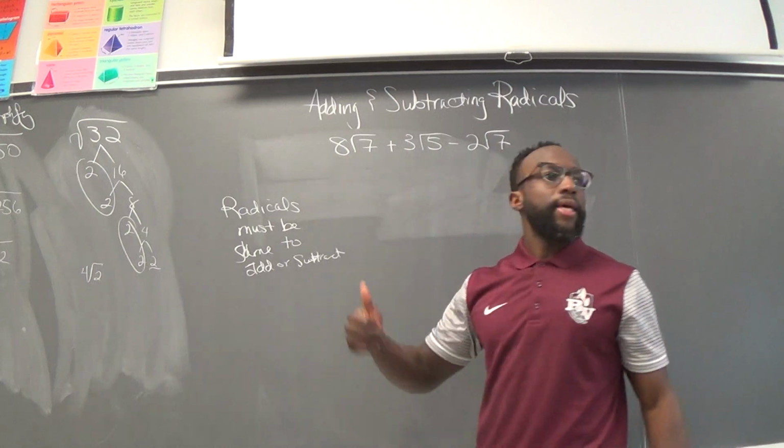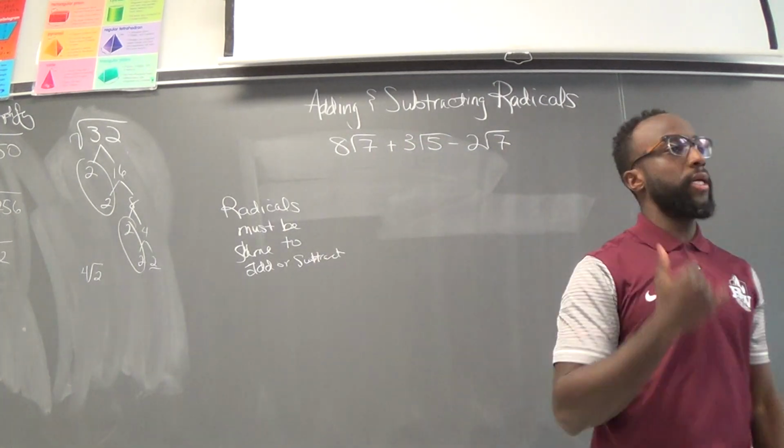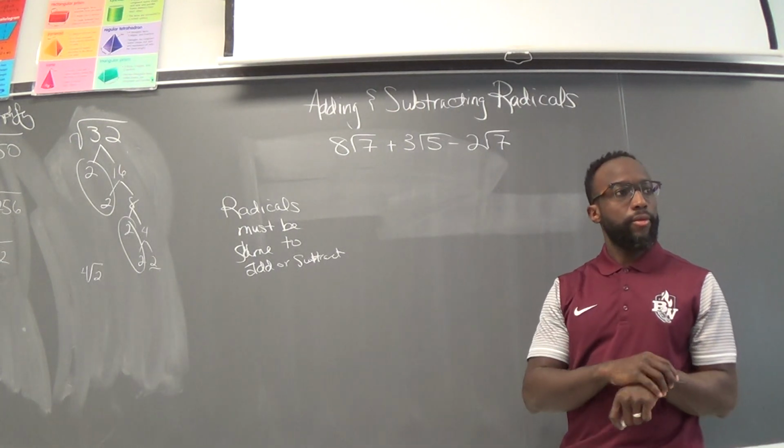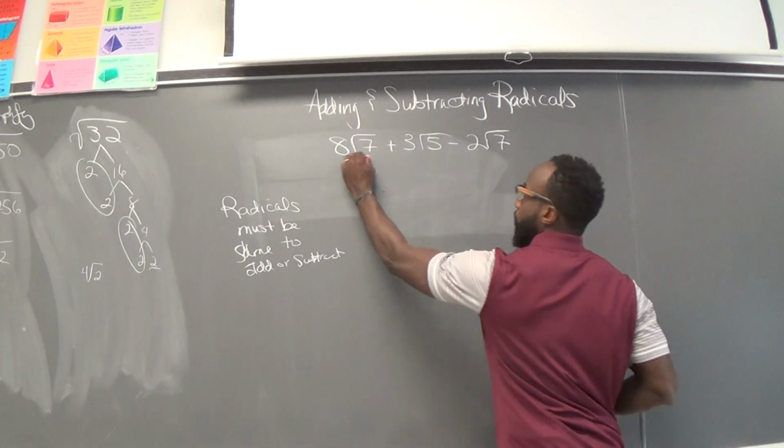Radicals must be the same. In this particular problem, what has the same radicals? The 8 root 7 and the negative 2 root 7.